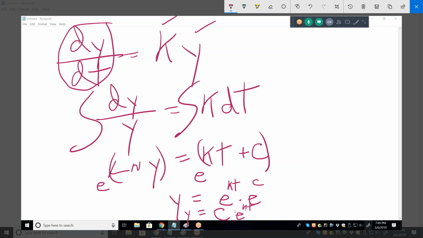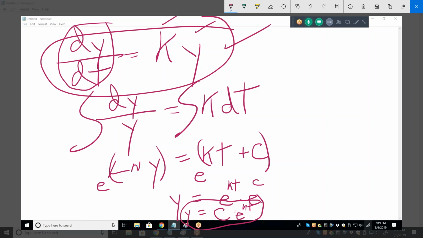And that's how you get the equation based on what they gave us originally, that the rate of change is directly proportional to the amount present. Once you solve that, that's a differential equation. They ask us to solve it. This is what we get. Okay. So what is that? C e to the kt. Y equals.